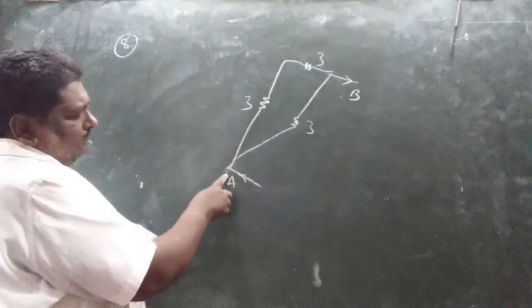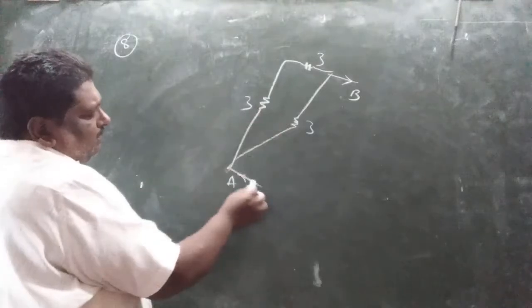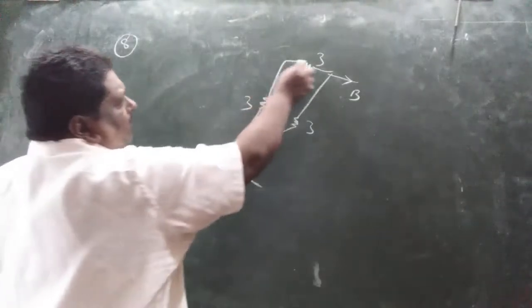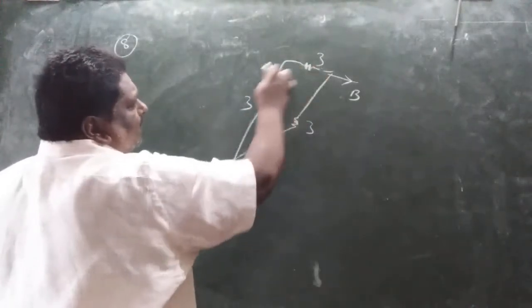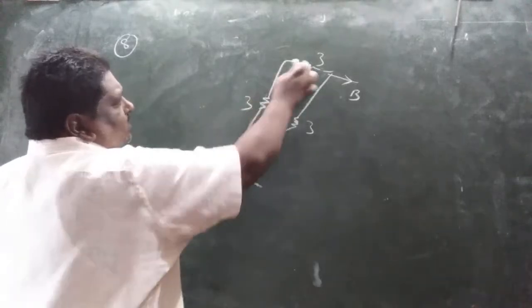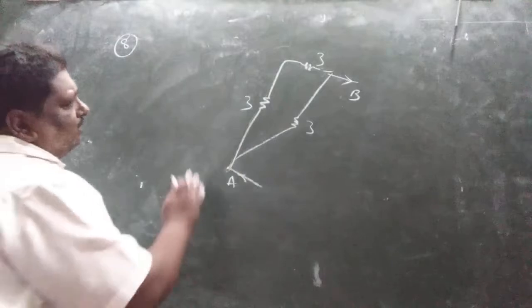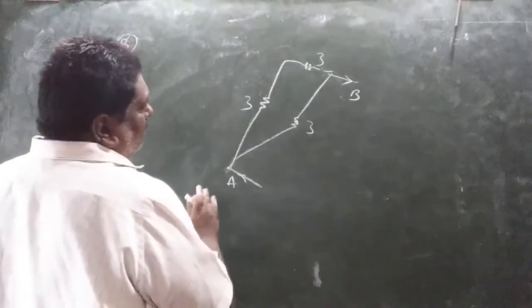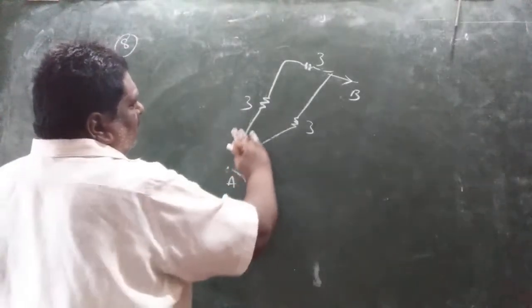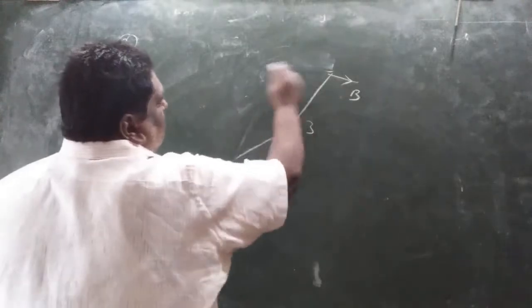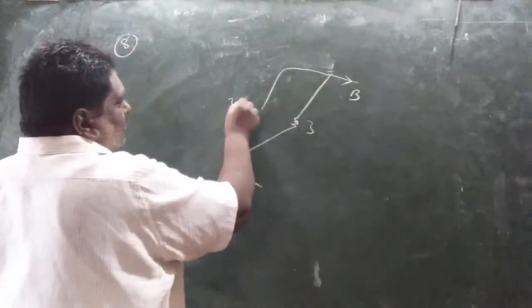Now come here. Here are two parallel branches. The same current flows through these two, which means these two are in series, so 3 and 3 are in series. What is the equivalent? 6, so these two are replaced with 3 plus 3.